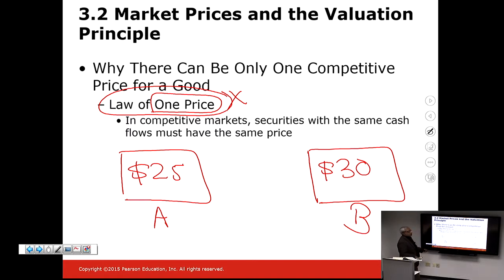But so what? So what if two markets exhibit two different prices for the same good at the same time? The key is same good at the same time. Why do we care about it? We care a lot because the first thing is that it uncovers a profit opportunity for us.